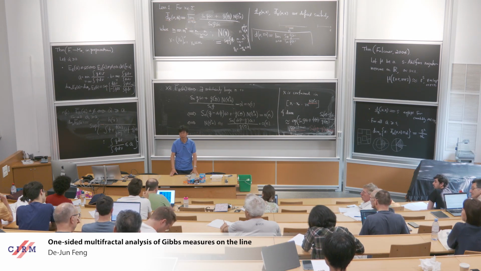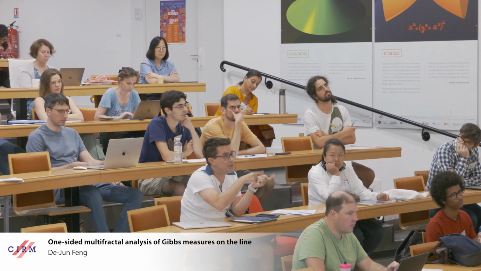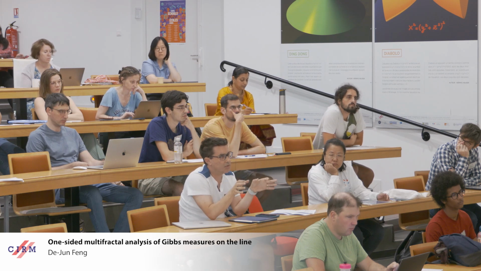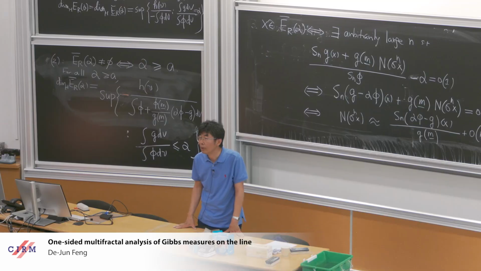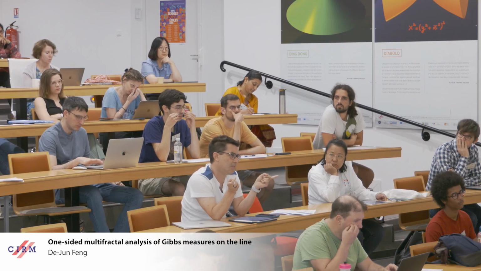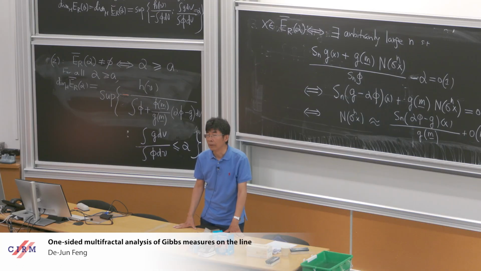So you define the right-sided. You could do the left-sided, replacing n by 0. That would be exactly the same. Could you find points for which the right-sided behavior is not the same as the left-sided behavior and describe the two? Yes, that's possible.